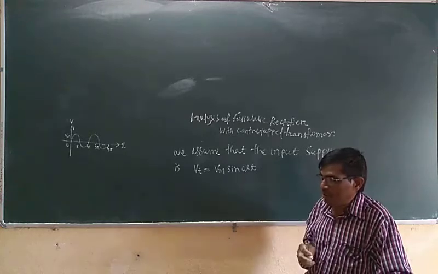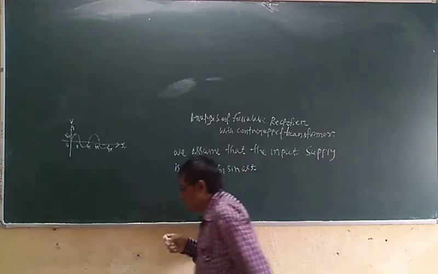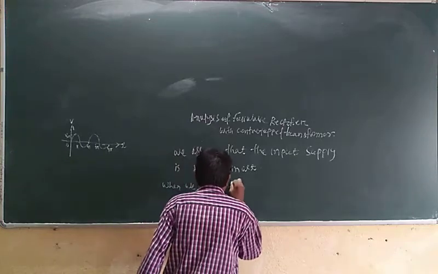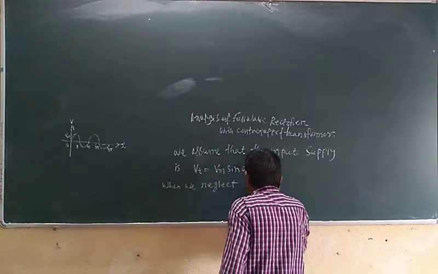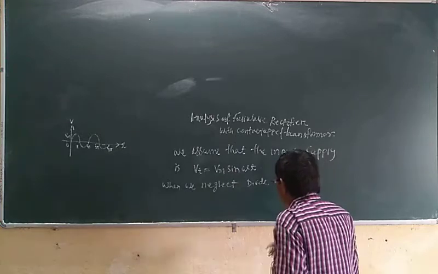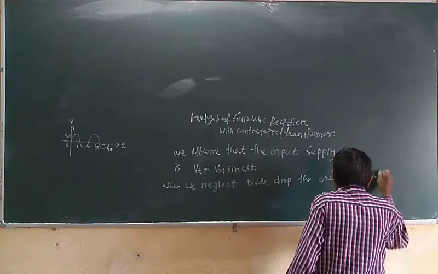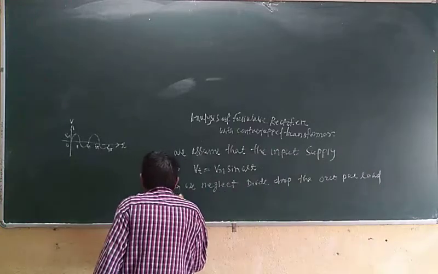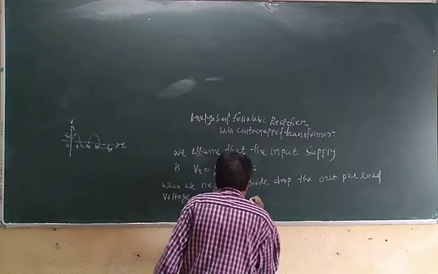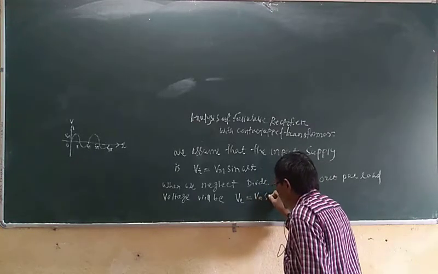Now, when we consider the output of a diode resistance, and we neglect the diode drop, the output load voltage will be VL equal to Vm sin omega t.